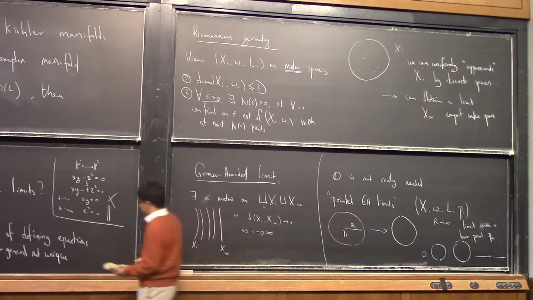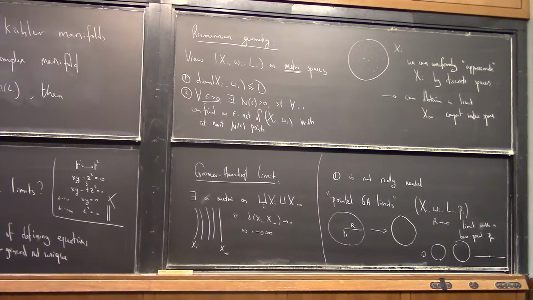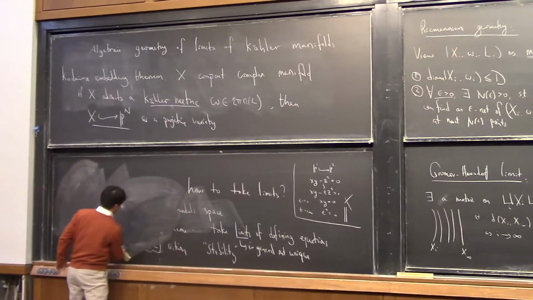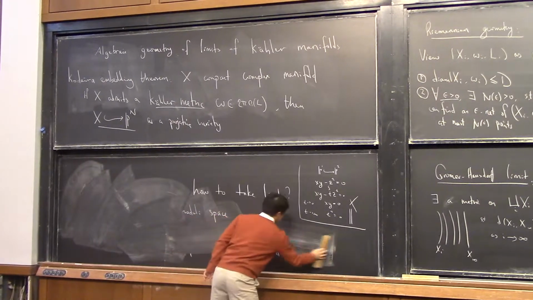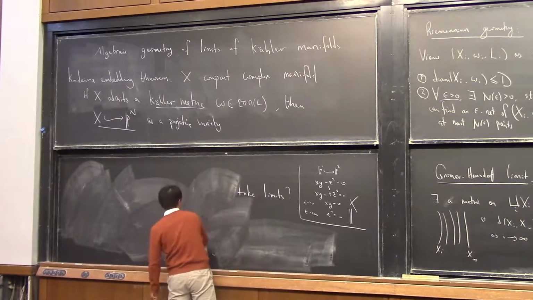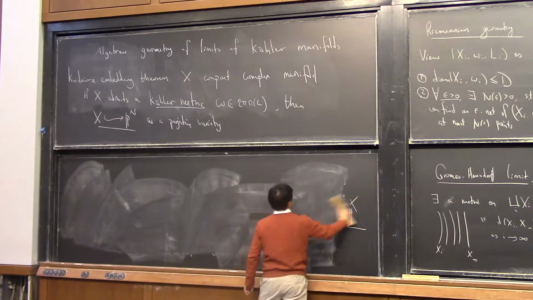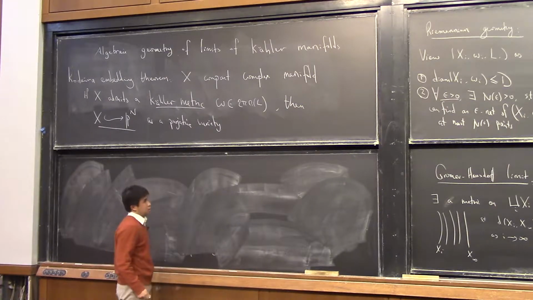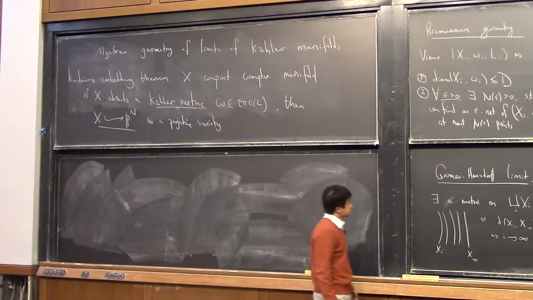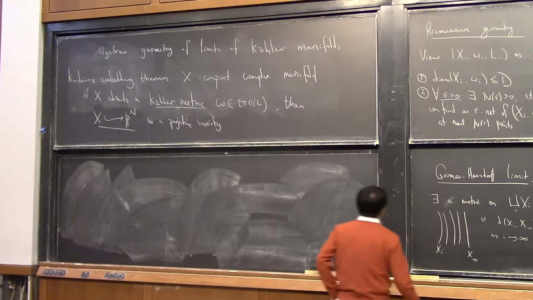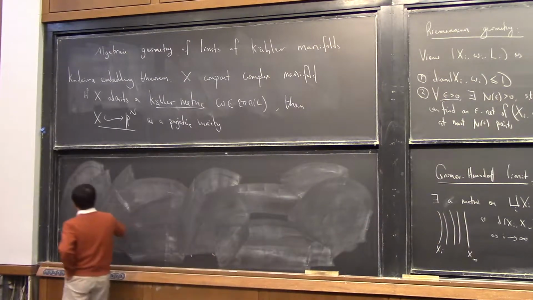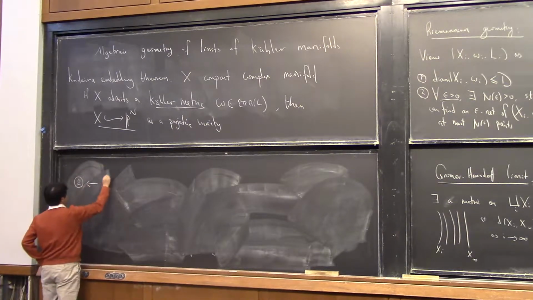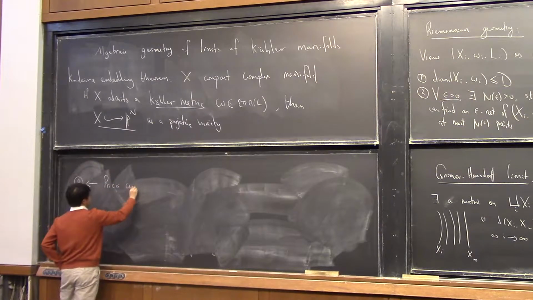So without condition 1, the limit is in general not compact, but we can still make sense of the limiting procedure. And condition 2 can be replaced by a geometric assumption related to Ricci curvature.